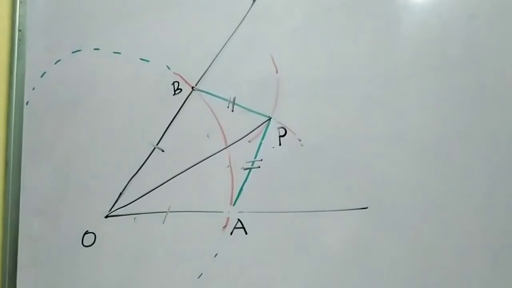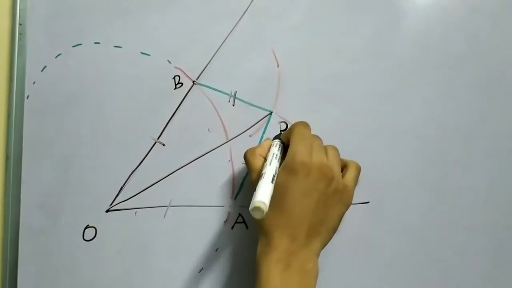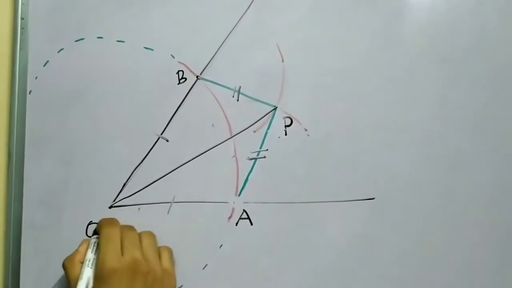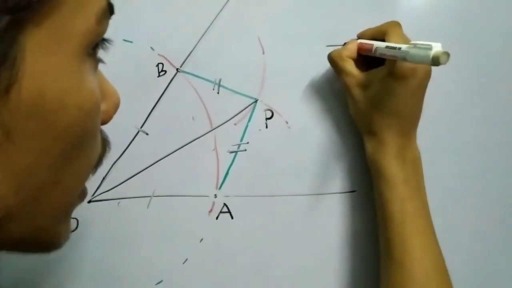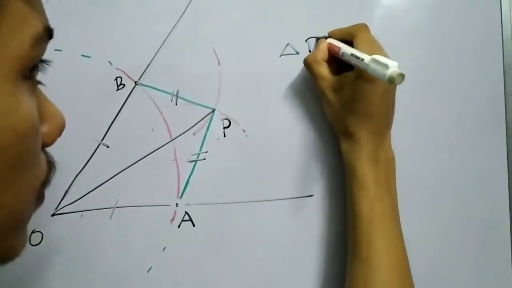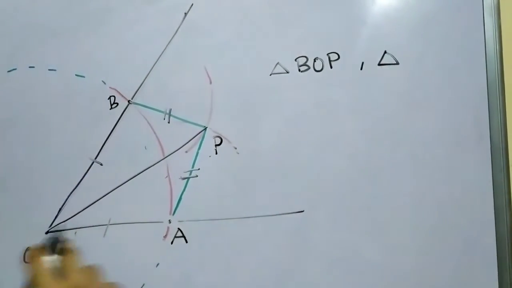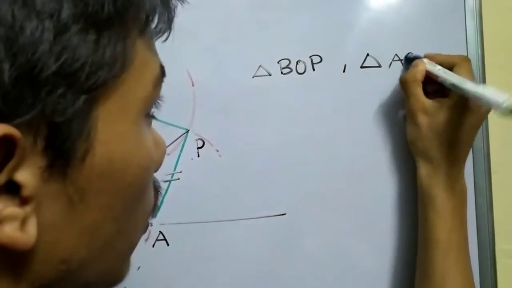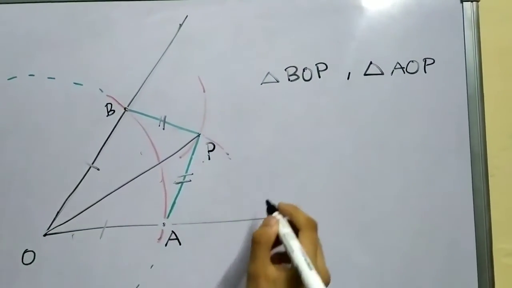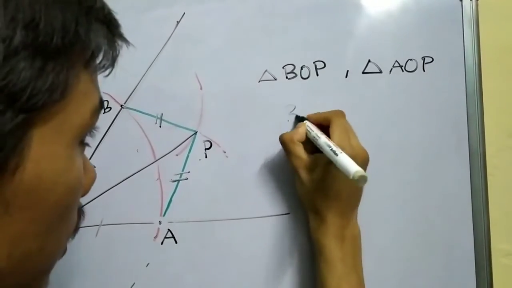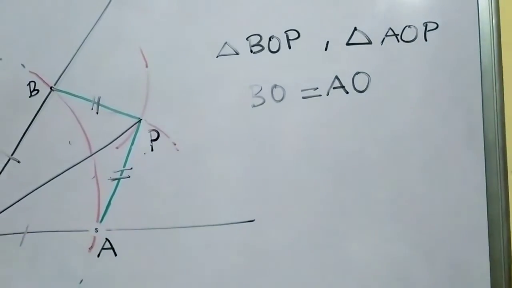Now notice the triangles BOP and AOP. So in triangle BOP and triangle AOP, BO is equal to OA. We have shown this. So BO equal to AO, because the radii of the same circle.